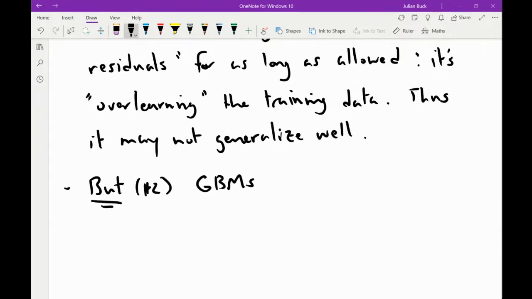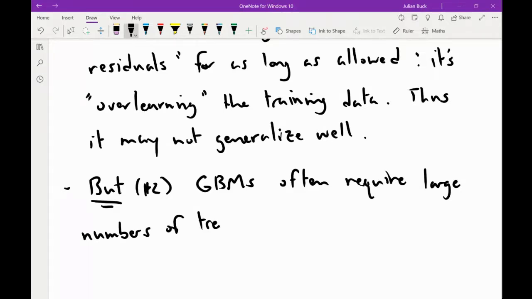so here's another kind of a caveat. GBMs often require large numbers of trees. Often thousands of them, as we'll see in an example, to perform well.